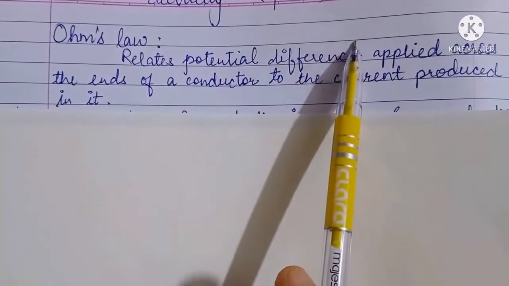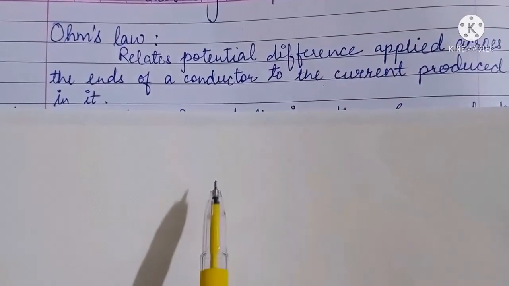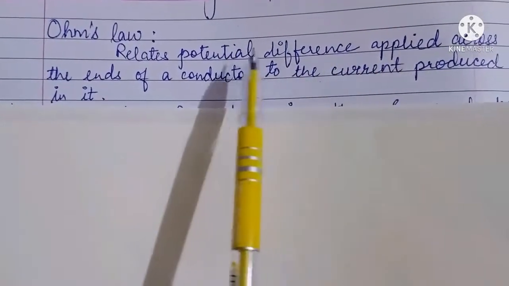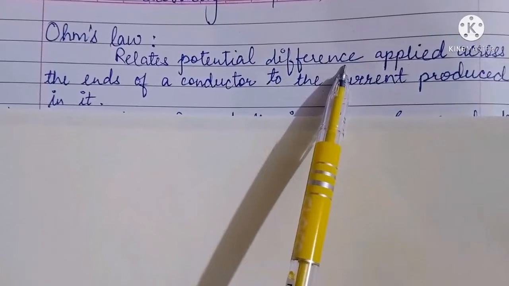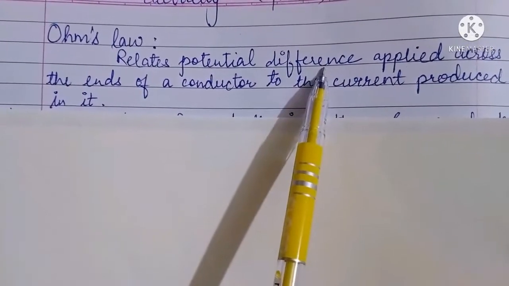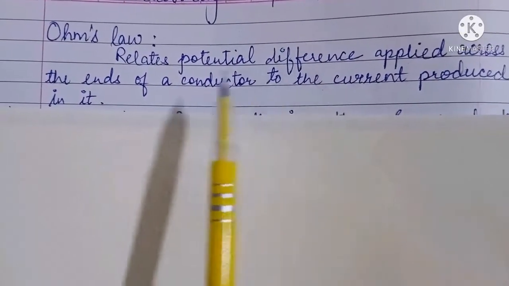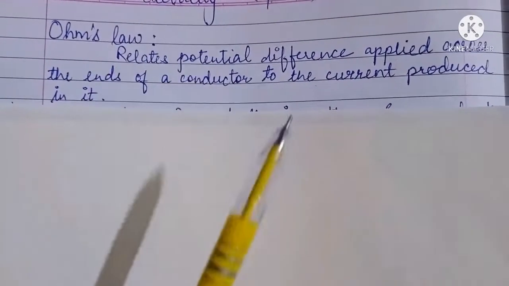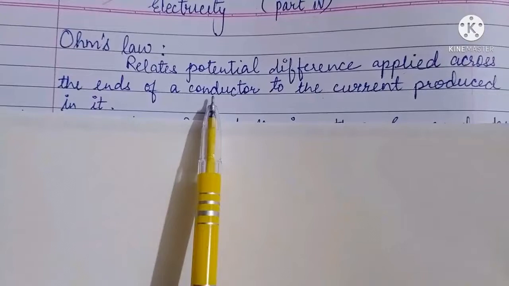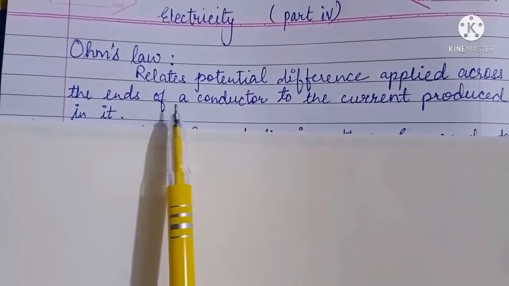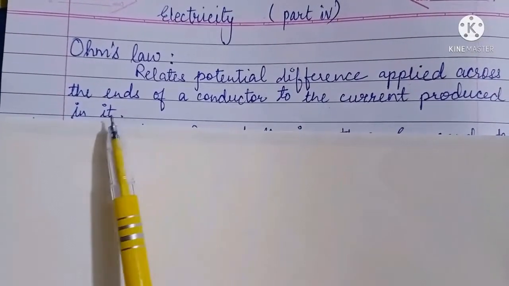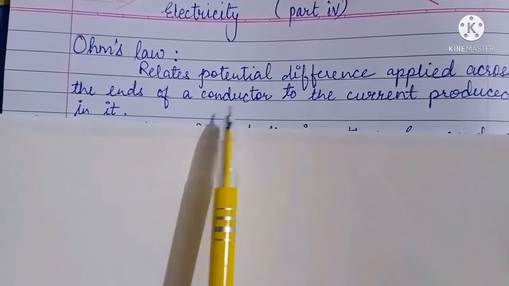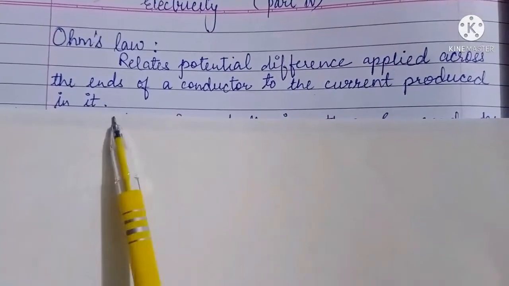So across the two ends, whatever potential difference is applied, that is, whatever battery voltage you supply to it, is related to the current which will be flowing through that conductor. So how do we state Ohm's law? This is the basic part: Ohm's law relates the potential difference applied across the ends of the conductor to the current produced in it.